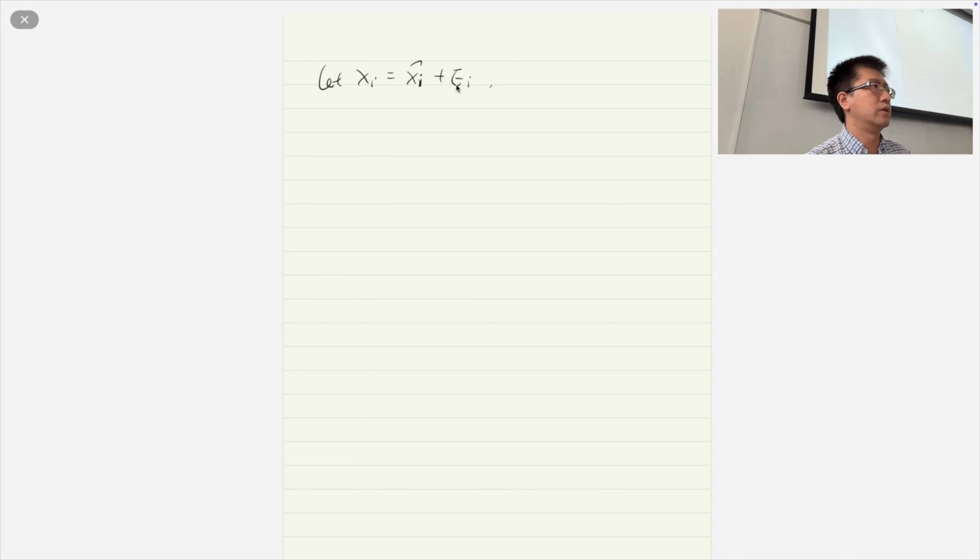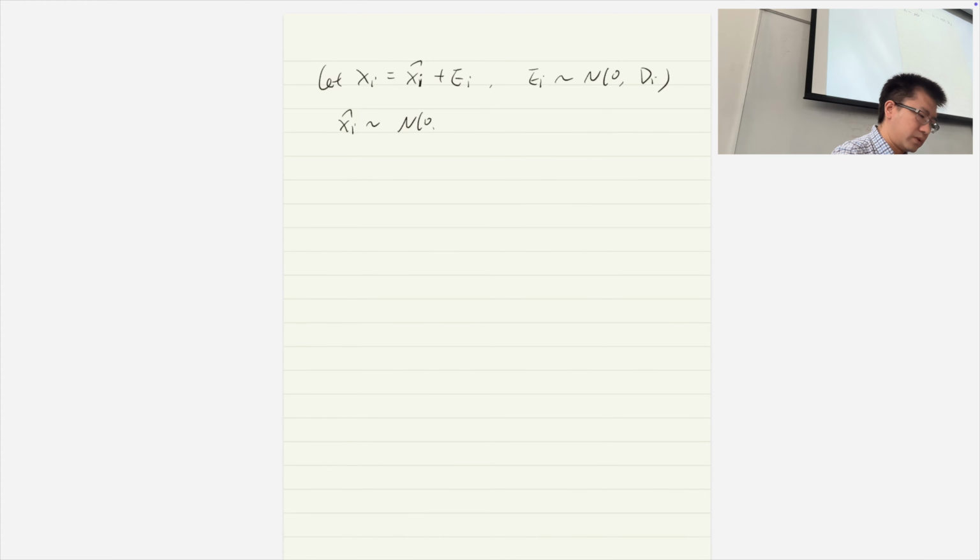Ei is the noise, the error, and all of them follow a Gaussian distribution. So ei will follow a Gaussian distribution with mean 0 and variance the distortion. Hopefully I still remember how we derive it. And xi hat will follow a Gaussian distribution with variance sigma i squared minus di, and we make sure that they're independent.